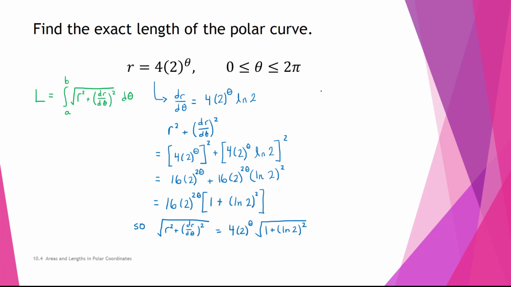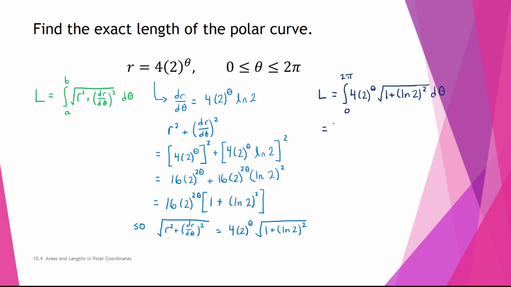Now I can find the arc length. Using our formula, the length is the integral from 0 to 2 pi of 4 times 2 to the power theta times the square root of 1 plus (natural log of 2) squared dθ.